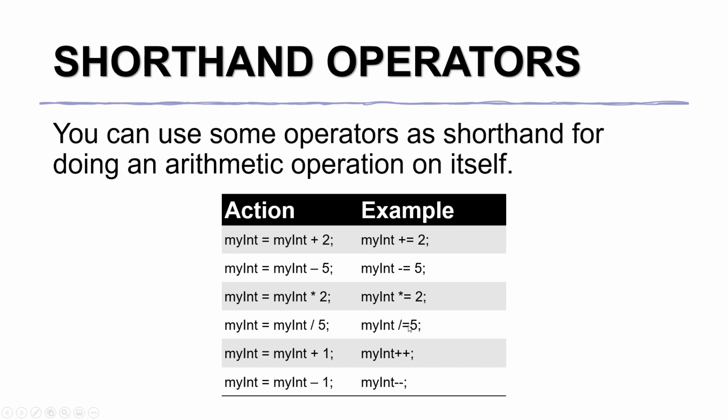The last shorthand operators that are really useful is taking whatever is being stored in your integer and raising it by 1. So we could do my int plus 1, we could do my int plus equals 1, but C# has an even quicker way to do that by just taking that variable name, my int, and doing a plus plus. Same thing if we need to decrease whatever is being stored in there by 1.